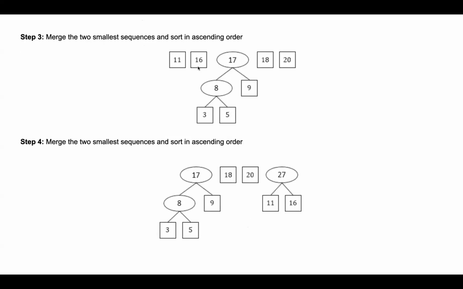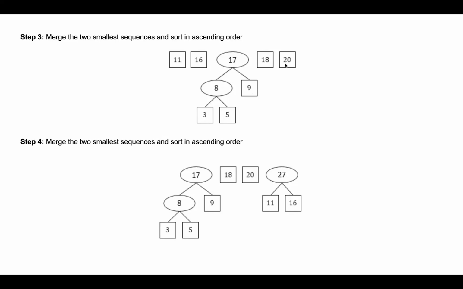Here we can see 11, 16 and 17. 17 consists of 8 and 9. Okay, this 8 consists of 3 and 5. So the sequence becomes 11, 16, 17, 18, 22, like this.